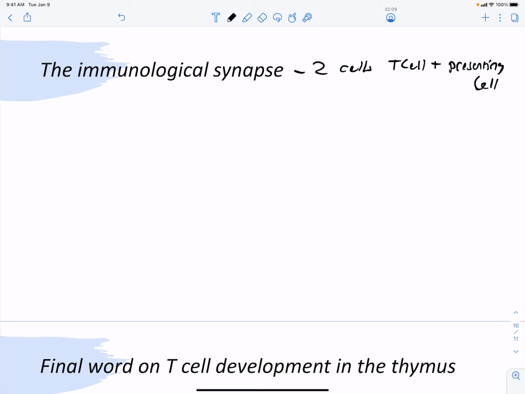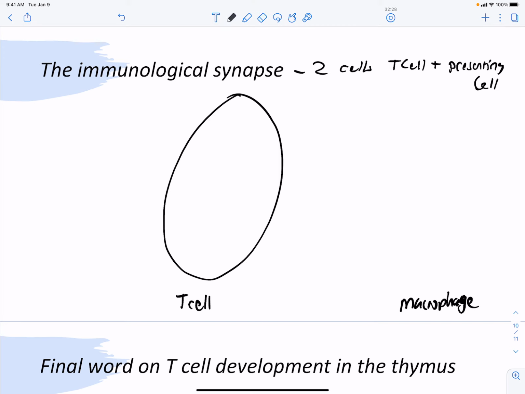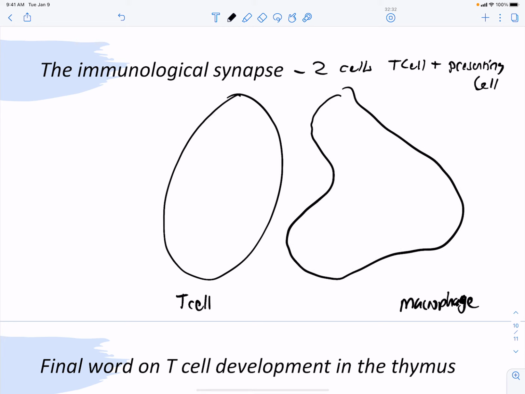Okay, so over on this side, we'll have our macrophage, kind of blobby. And then over on this side, we'll have our T cell. And I'm actually going to draw this guy a little closer. So here's our blobby guy, macrophage. Okay, and we have our T cell.